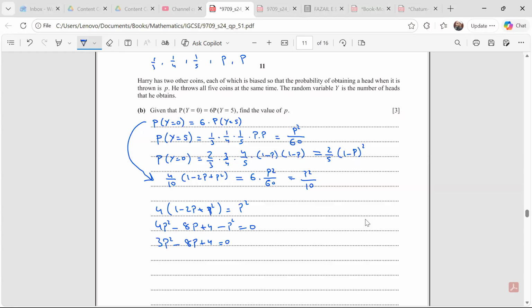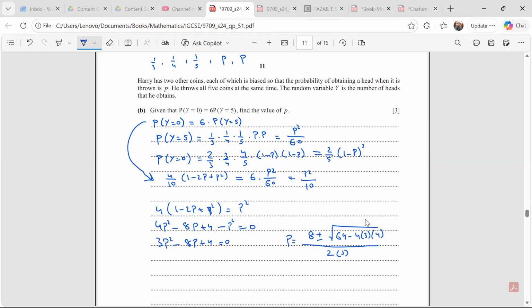We need to use the quadratic formula to solve it. So p is equal to minus b plus minus the root of b square minus 4ac, divided by 2a.